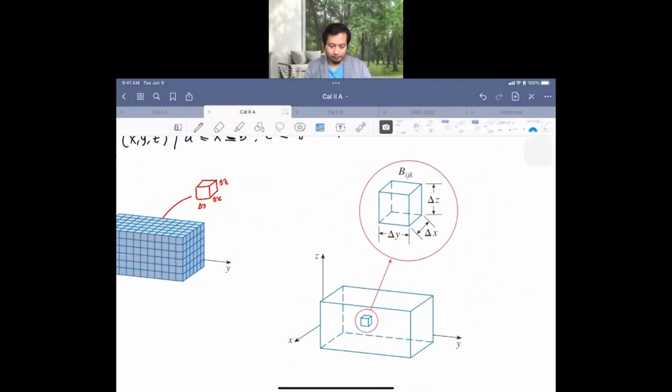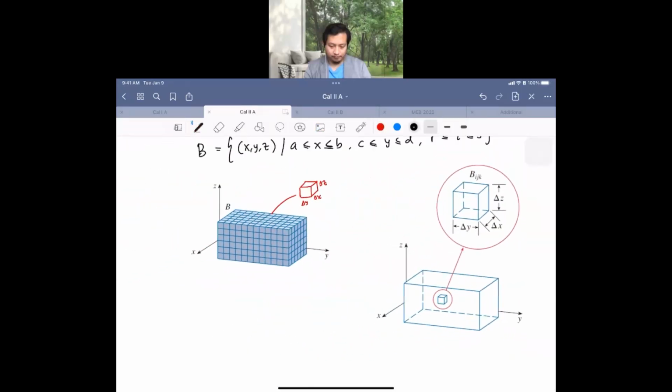So we have these small boxes, and we could write down the small box ijk. This will be between x i minus 1 and x i, and for y, y j minus 1 and y j, and for z, z k minus 1 and z k. Sorry, it's ijk.